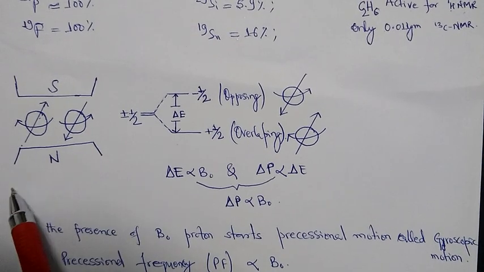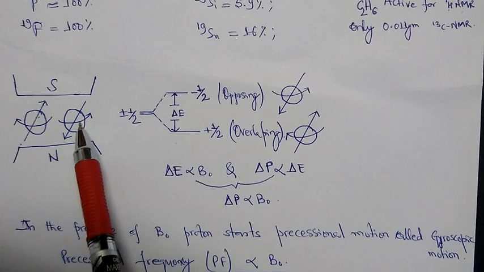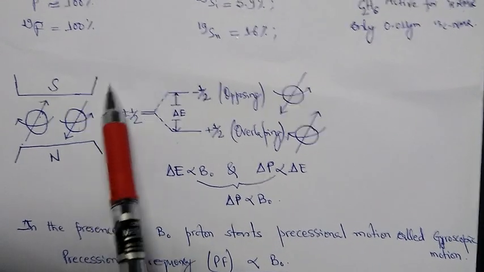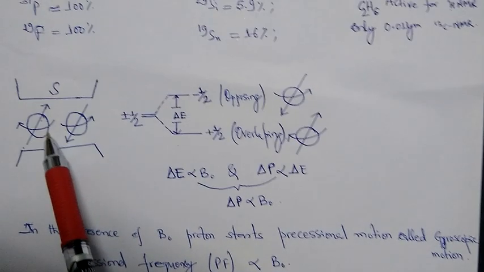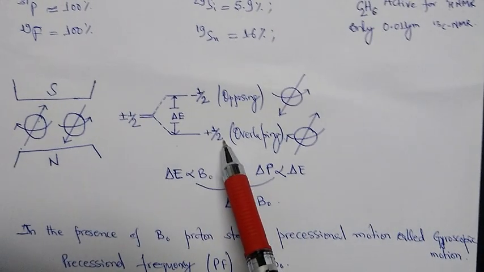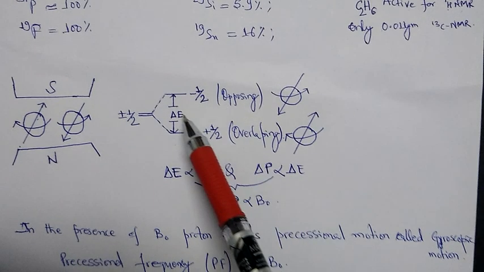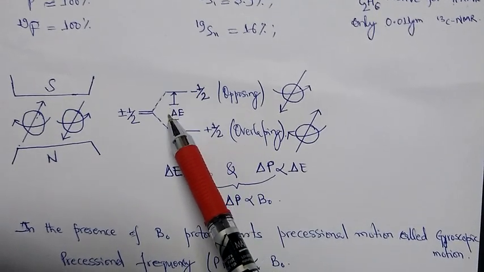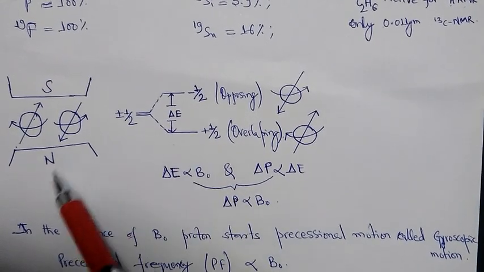Now as soon as we apply the external magnetic field, their degeneracy will break down, and the one which is opposing the external magnetic field will go to the higher energy level, and the one which is aligned with the external magnetic field will go to the lower energy level. So this will create a population difference due to the difference in energy level created by the external magnetic field.